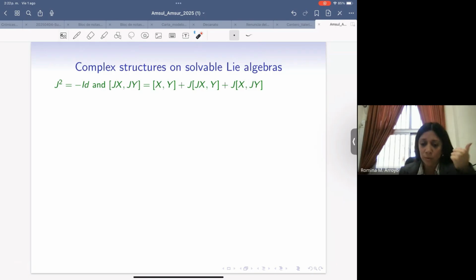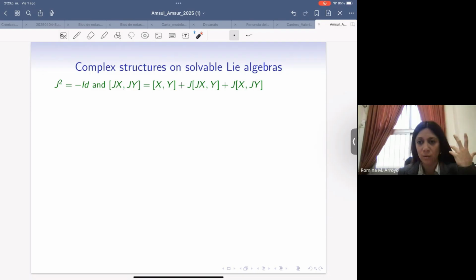In dimension 2, we have two Lie algebras up to isomorphism. The first one is the abelian one, and if you want to construct an endomorphism satisfying these two conditions on the abelian Lie algebra, all of these summands are going to be 0.